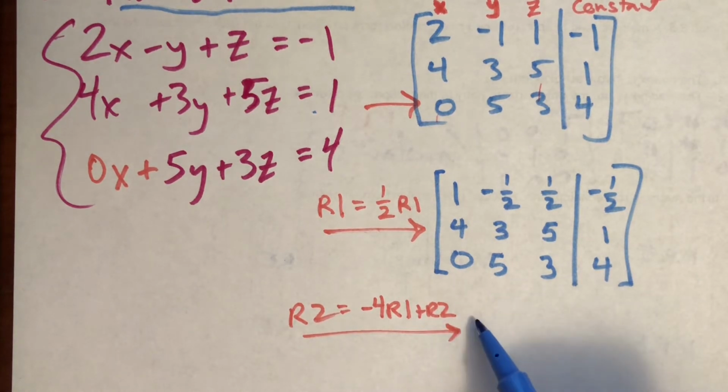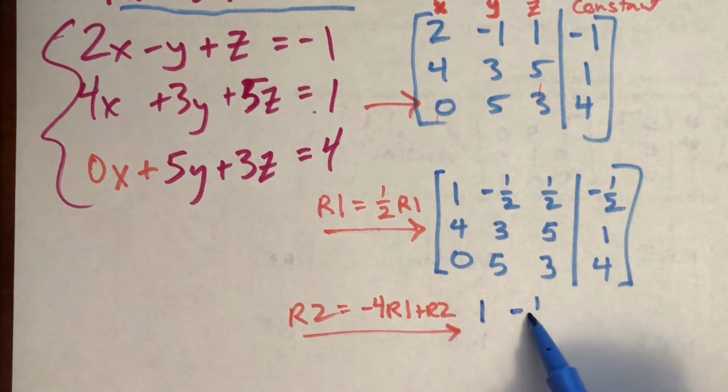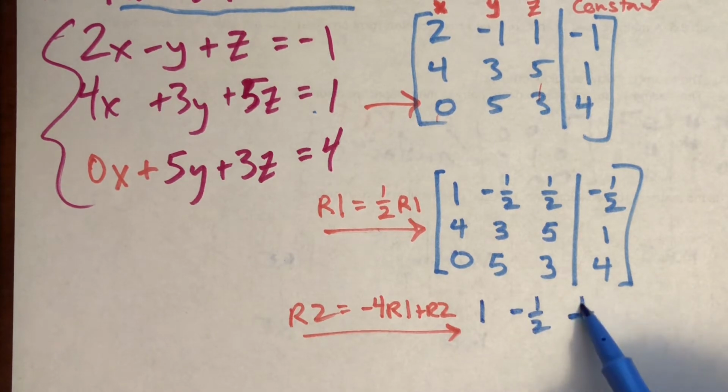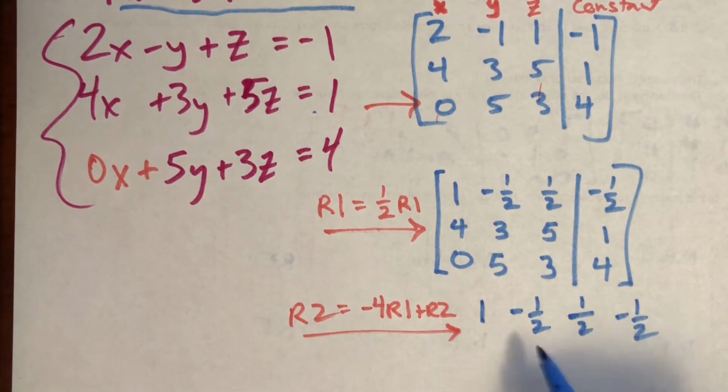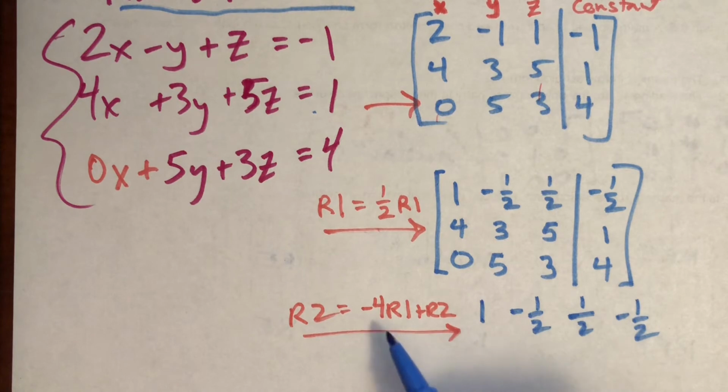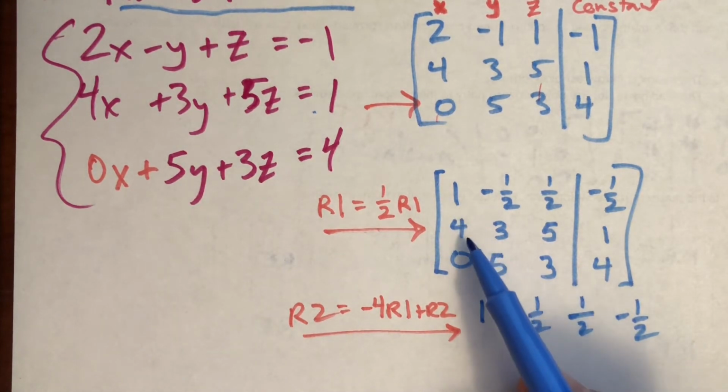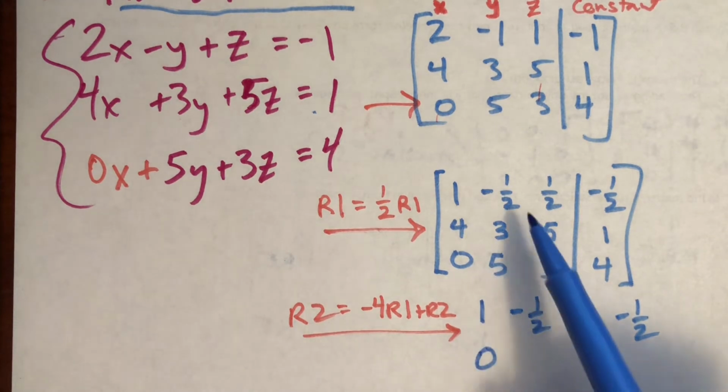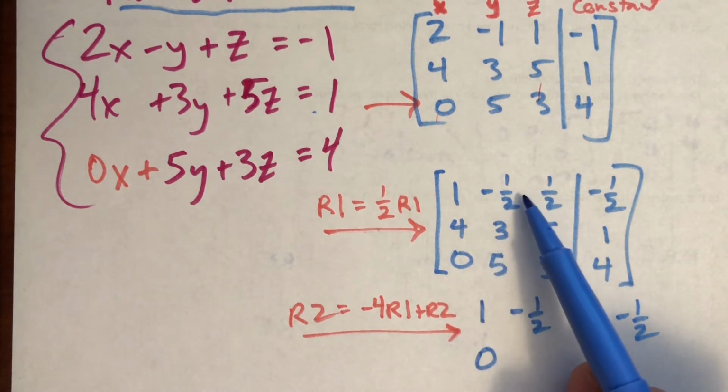So I'm not changing row 1. We are changing row 2, though. We're taking -4 times row 1. So -4 plus 4, that'd be 0. -4 times -1/2 would be a +2.